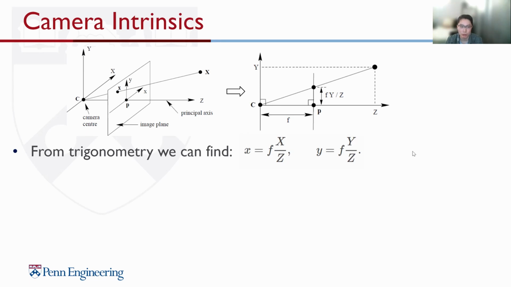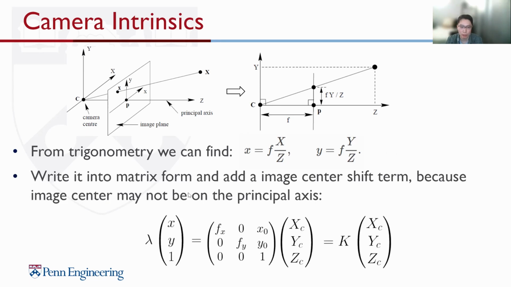If we write it directly into matrix form, we get this. There are two extra terms, just because the image center may not align with the center of the camera. That's a mechanical problem. Sometimes the manufacturing of the camera is not very good and it's misaligned, so you get this effect.